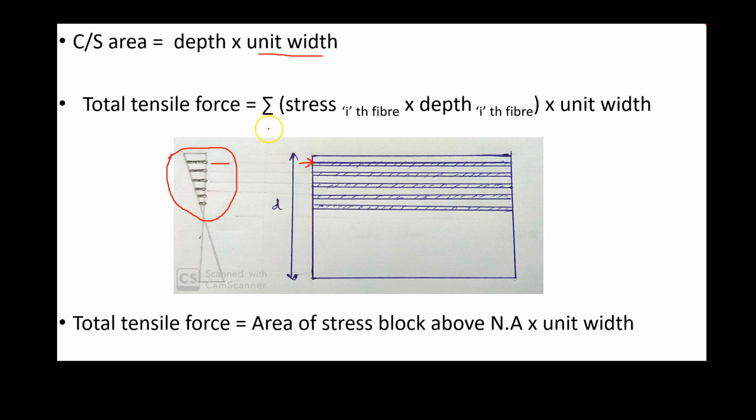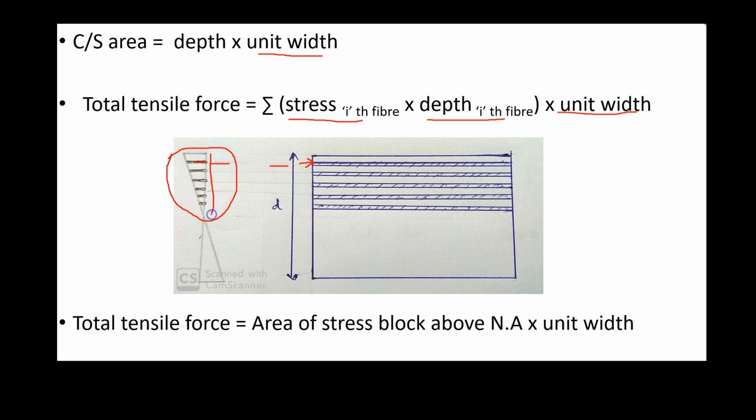So the total tensile force will be the stress at the ith fiber into depth of ith fiber into unit width. That means this fiber, the stress of this fiber into its cross sectional area, plus so on and so forth, we need to keep adding like this.